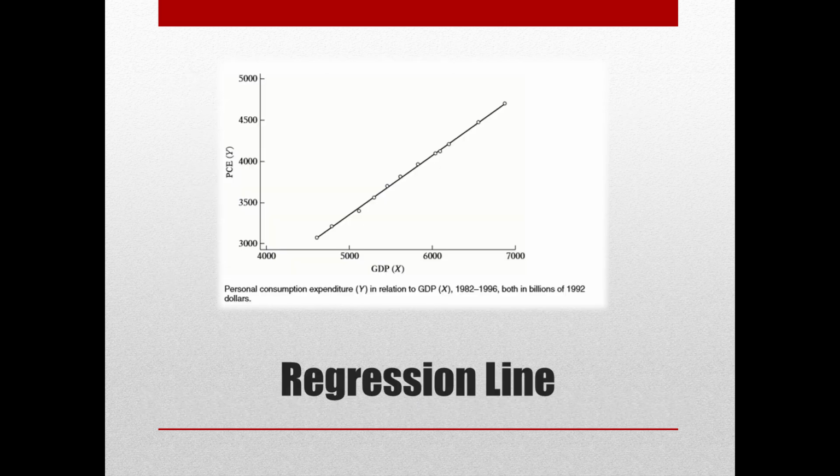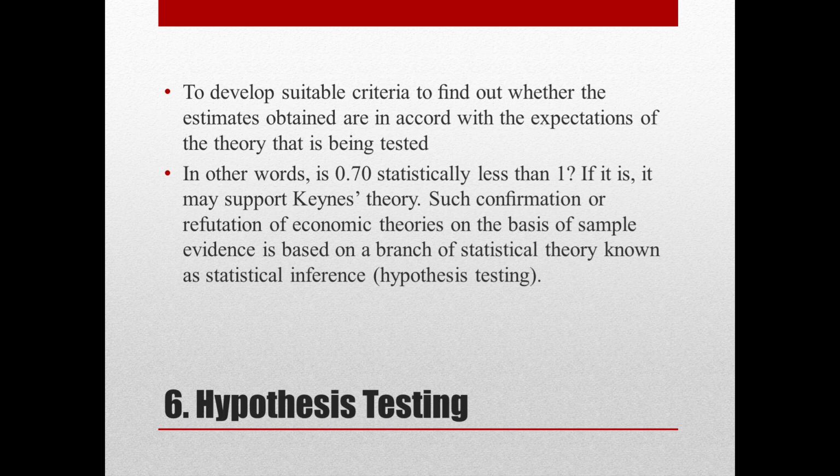Now the sixth step is hypothesis testing. Now we have to develop suitable criteria to find out whether the estimates obtained are in accord with the expectations of the theory that is being tested. Keynes expected the MPC to be positive but less than 1. In our example, we found the MPC to be about 0.70.